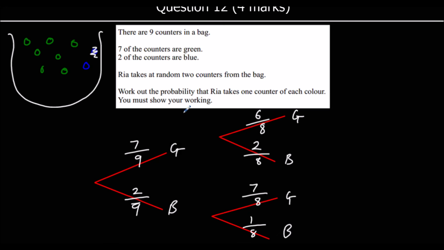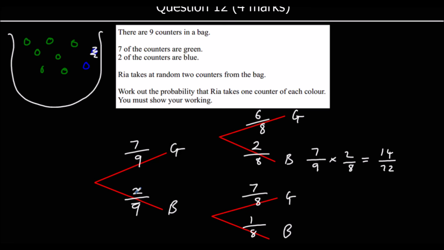So what's the probability of getting one of each color? We can get green blue or blue green. And when we go across these branches, we times. The probability of green and blue is going to be 7/9 times 2/8, and that is the same as 14 out of 72.